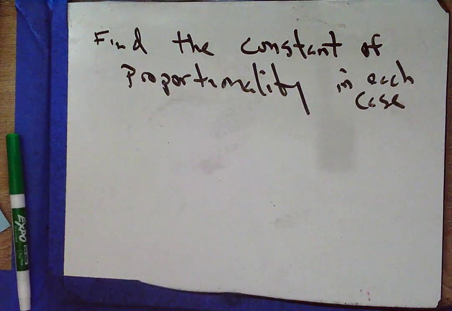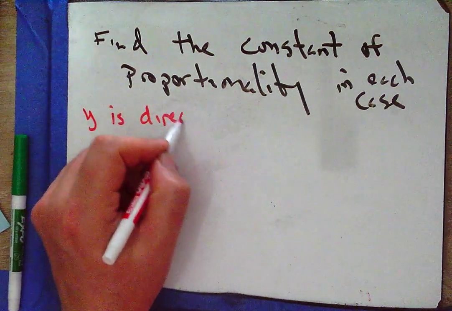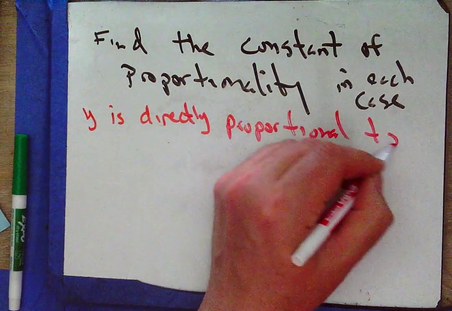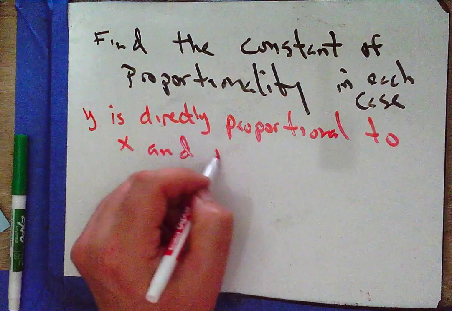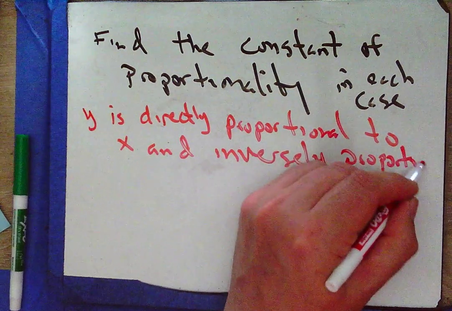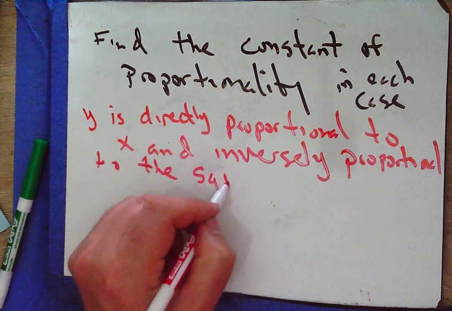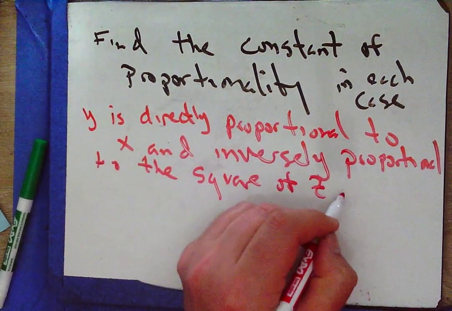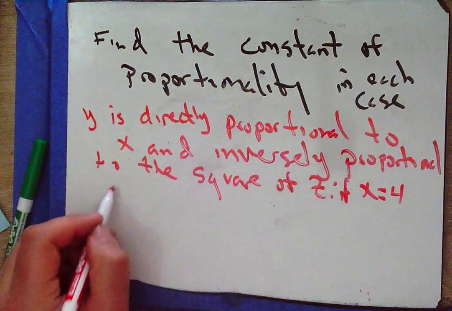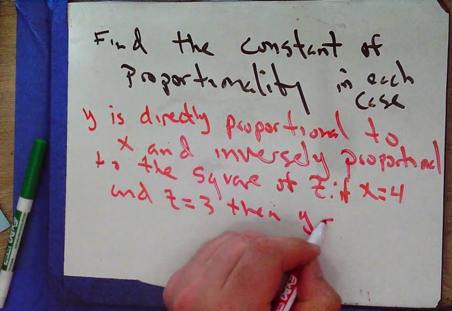First case, y is directly proportional to x and inversely proportional to the square of z. If x equals 4 and z equals 3, then y equals 16.